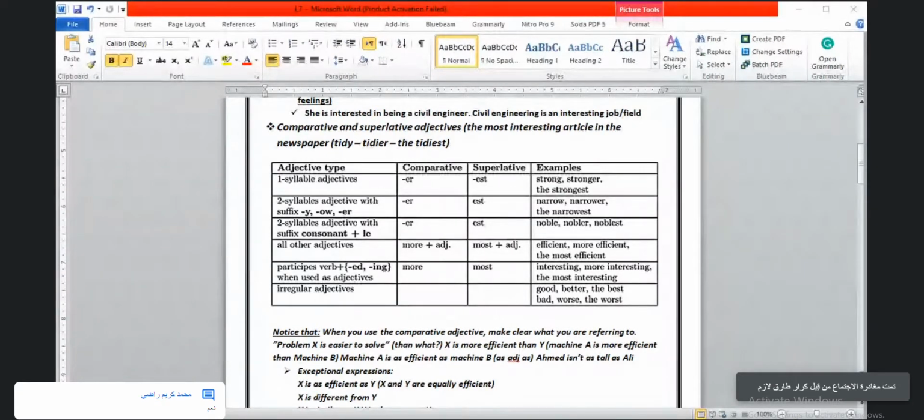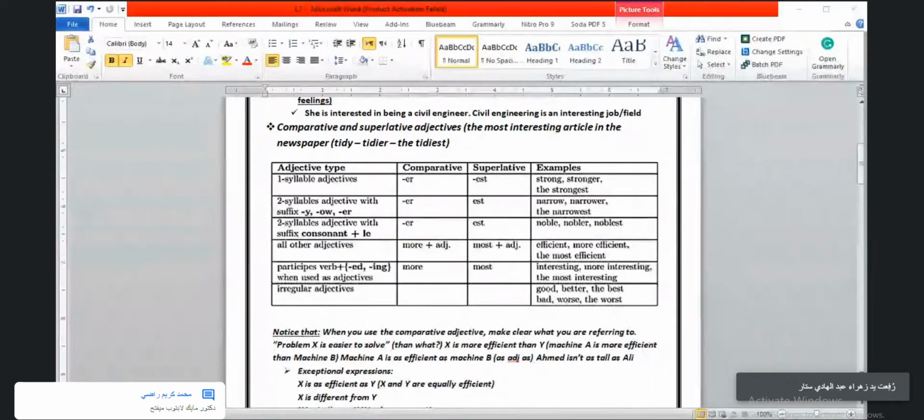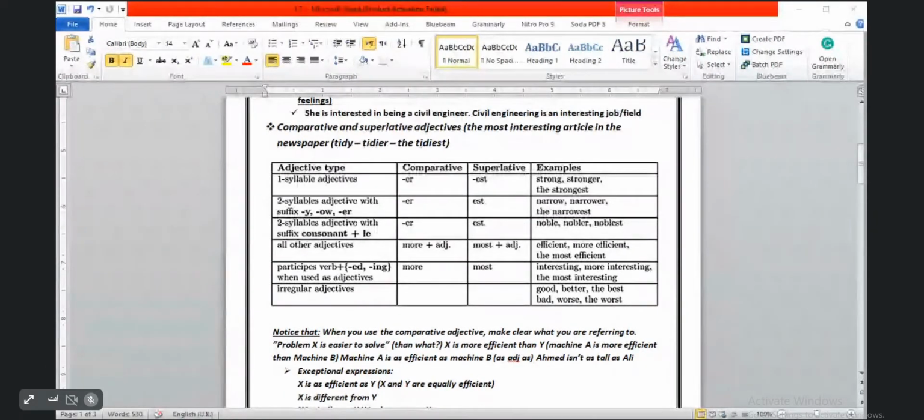Muhammad Kareem, open your mic please and give me an example for ER and EST adjectives. Yes, Muhammad Kareem. Okay, give me an example.